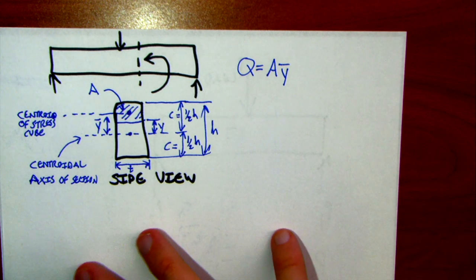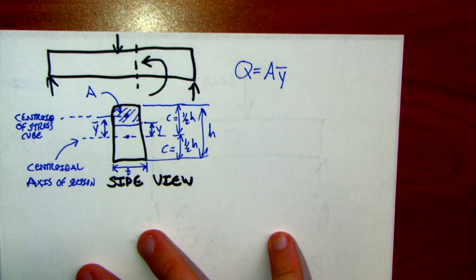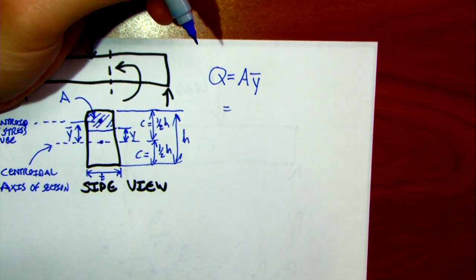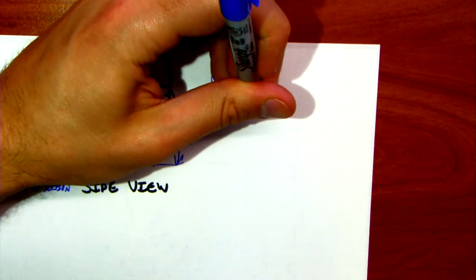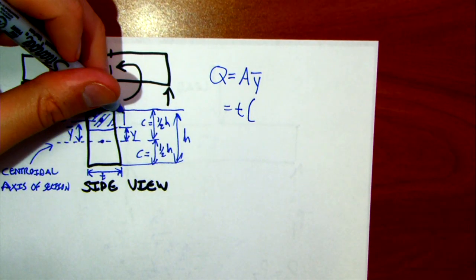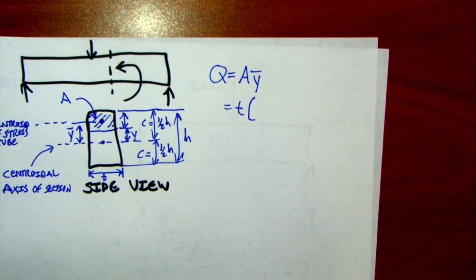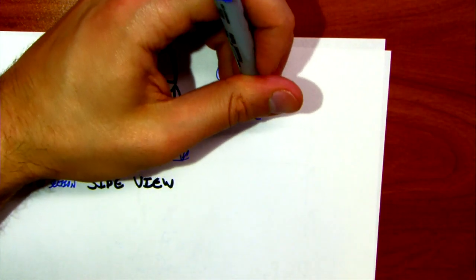If I wrote this out, I could say that A is the same thing as T times whatever this height here is. So that'd be C minus y.